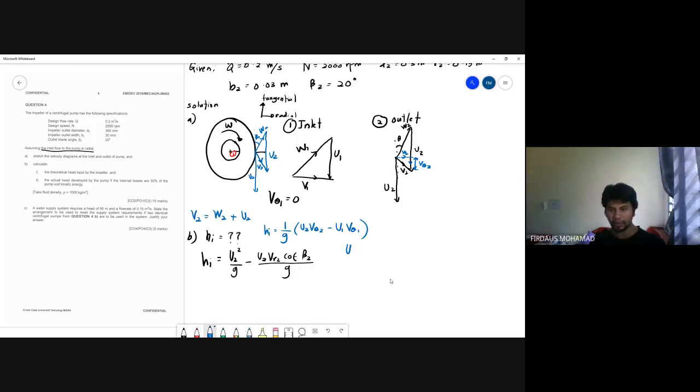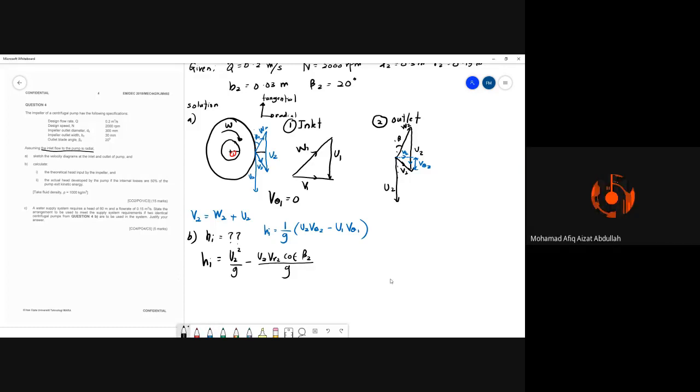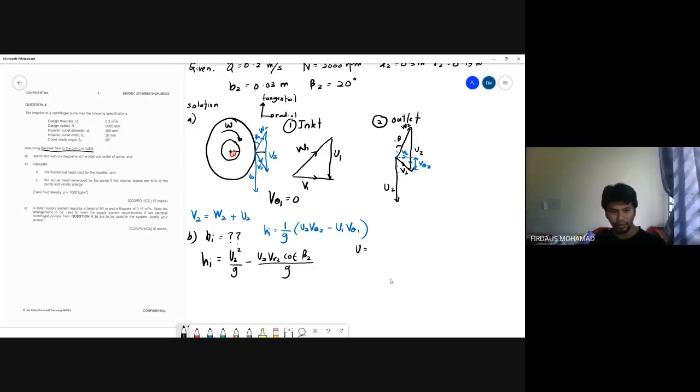How to find U? U equals to omega R. U equal to omega R, betul? So omega equal to 2 pi N. N is 2000. 2 pi kali 2000 kali dengan 1 over 60 sebab kita nak dalam second, betul?